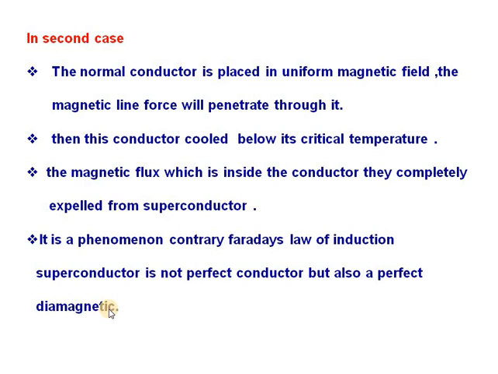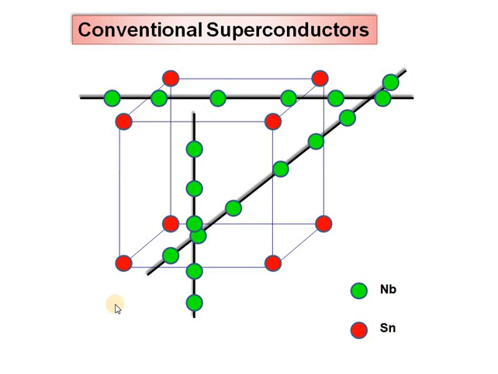The next point is conventional superconductors. In conventional superconductors, we see how to convert a normal conductor to a superconductor. In these diagrams, the red colored lattice points show the lattice of tin, and the green colored ones show the metal niobium.